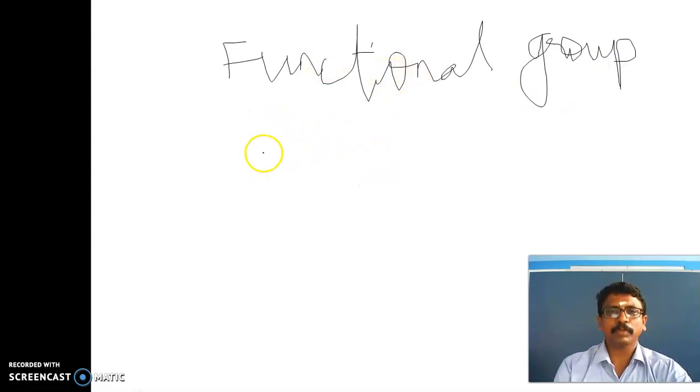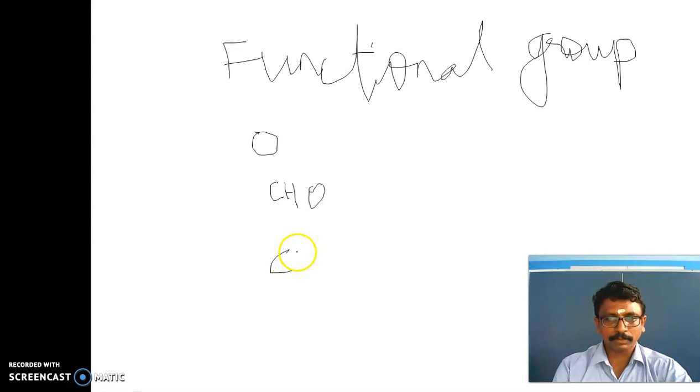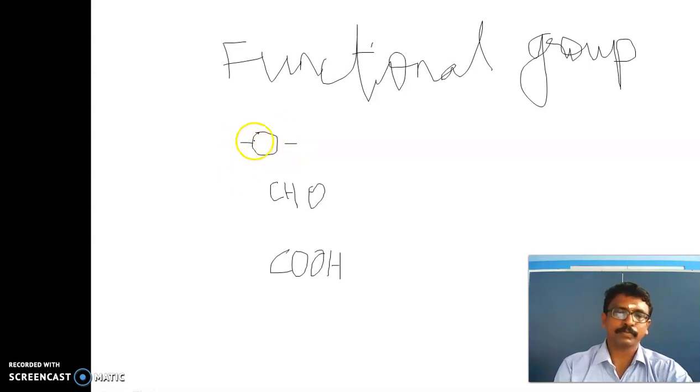The functional group has an atom or a molecule that is responsible for the particular compound. It may be an atom, an element, or a molecule. That will be responsible for the particular organic compound. That is known as the functional group.